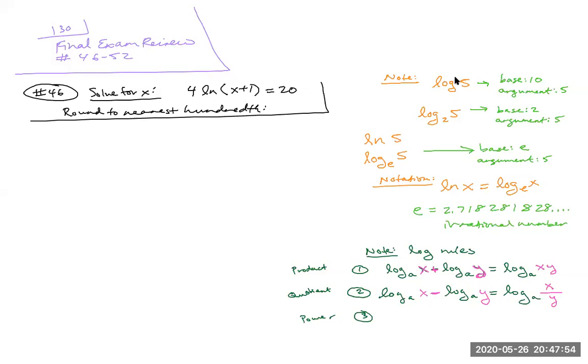If you have a coefficient out front in front of your log, when you compress your logs, that exponent comes up into the argument of the log as a power.